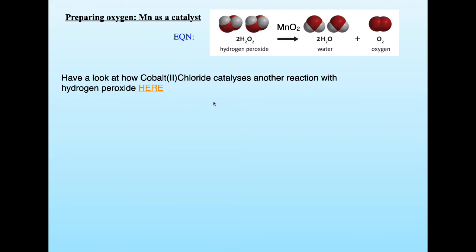You can also see other reactions where transition elements are acting as catalysts. There's a really good video here that you can have a look at your own time.